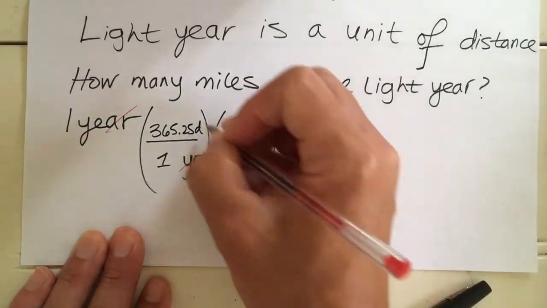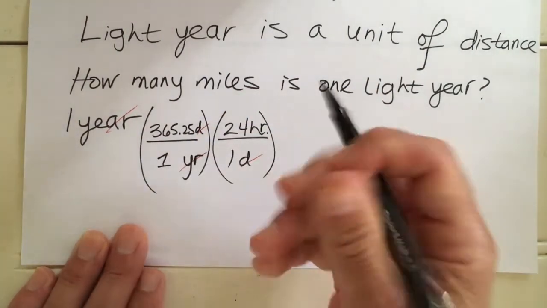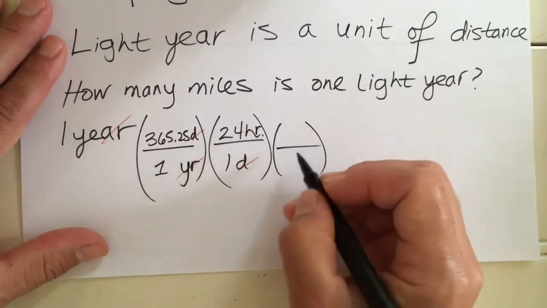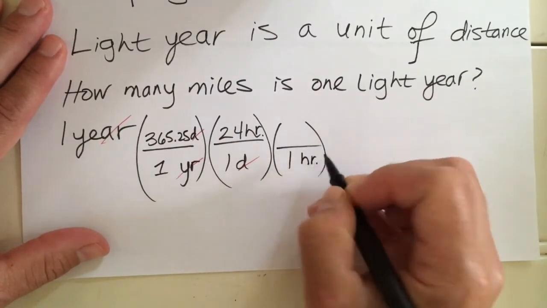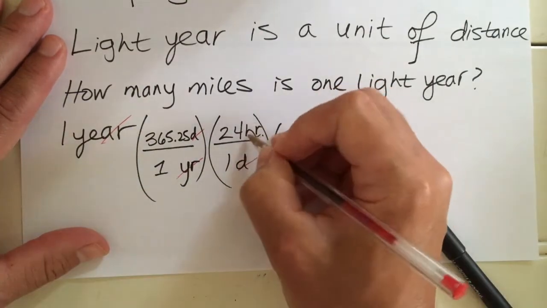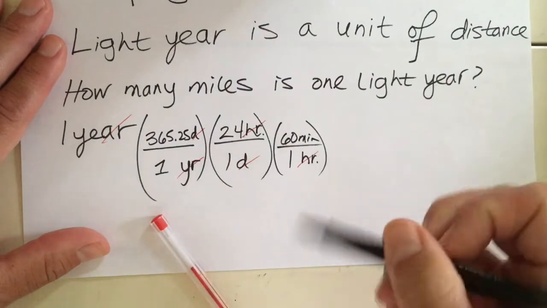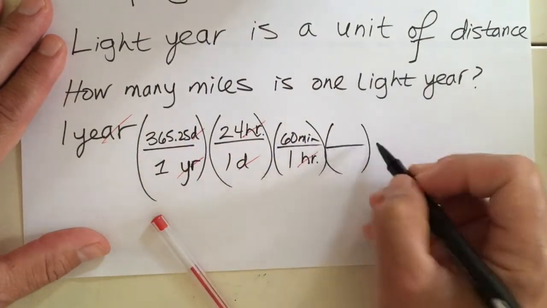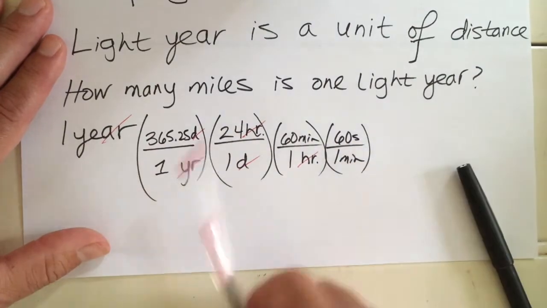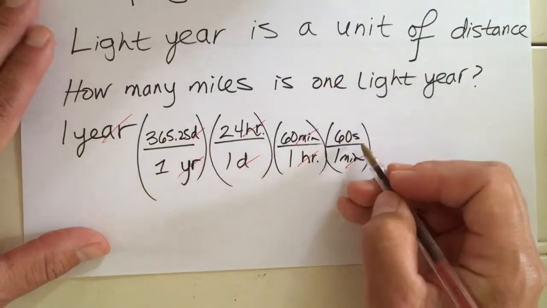Cancel the days off. Now we're in hours, so 1 hour is equal to 60 minutes. Cancel the hours off. And we'll go again. 1 minute is equal to 60 seconds. Notice we wanted seconds, right?